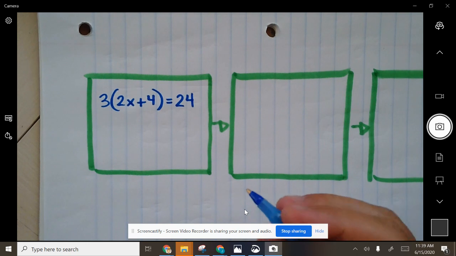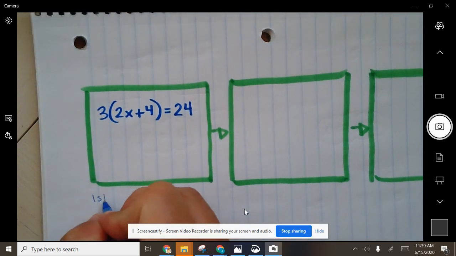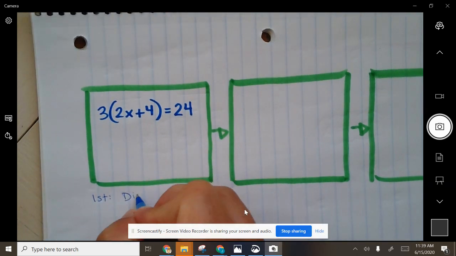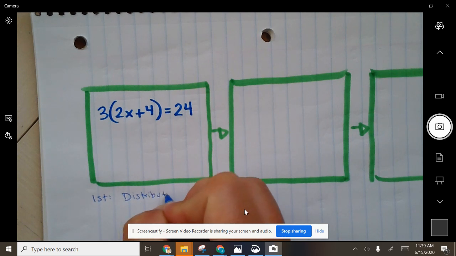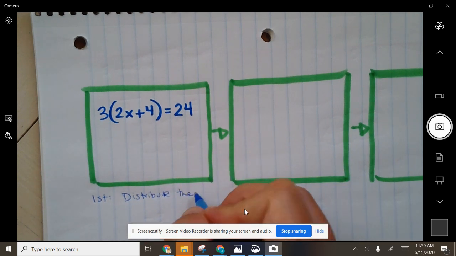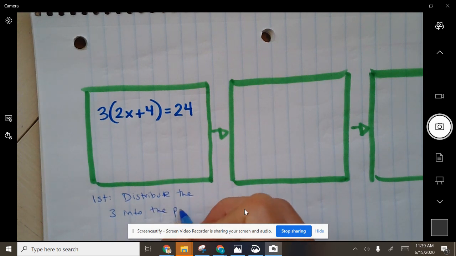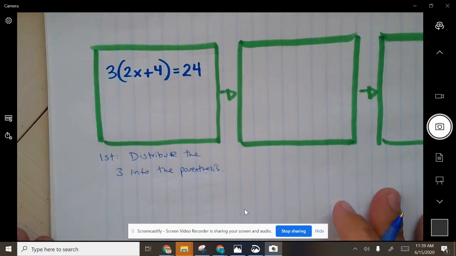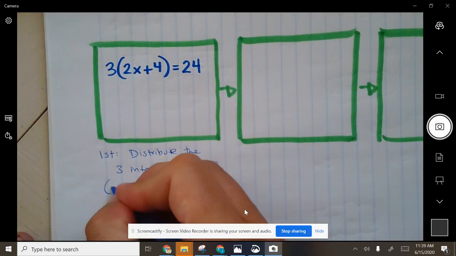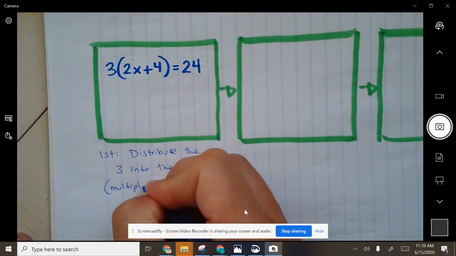So your first step, I'm going to put the first step down here. Distribute the 3 into the parentheses. Distribute means multiply.